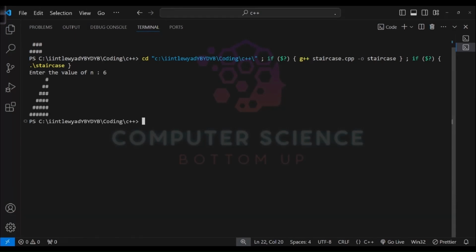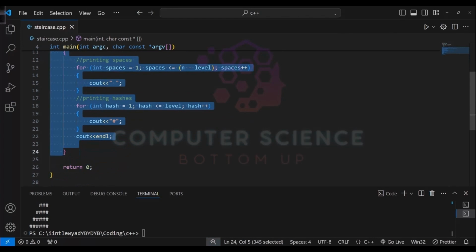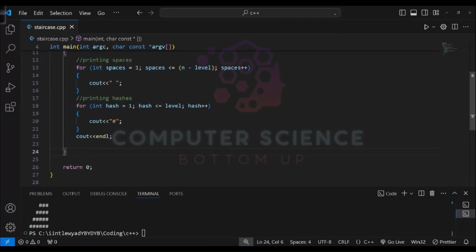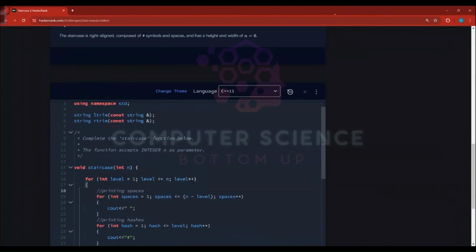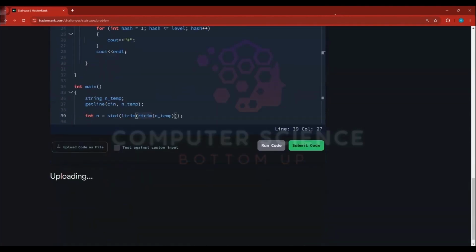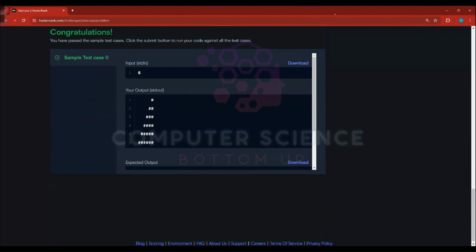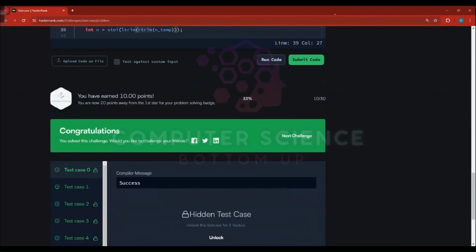Now let's put this code in HackerRank. Thank you very much.